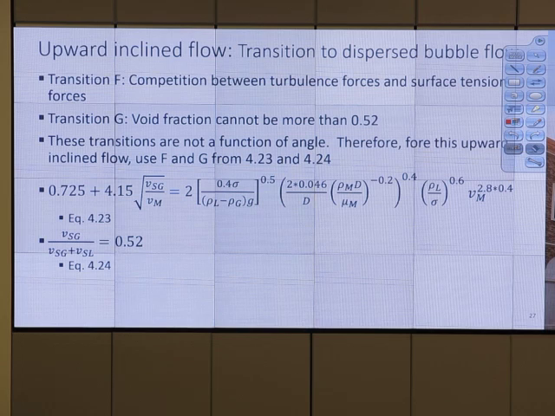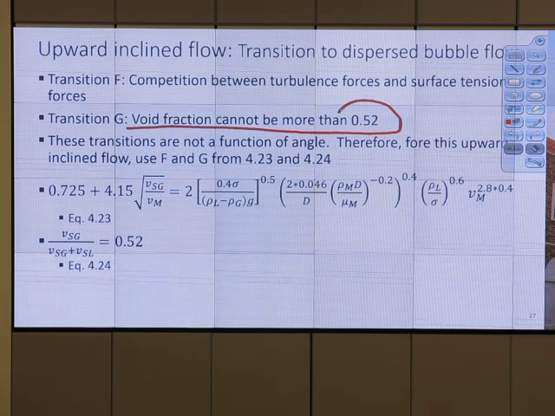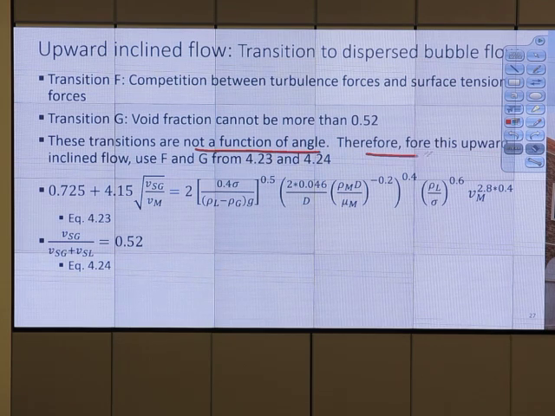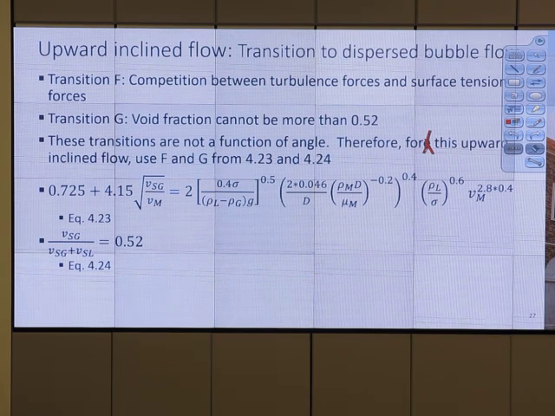Transition F is a combination between turbulent force and surface tension, right? Transition G is void fraction cannot be more than 0.52. These transitions are not a function of angle. For this upward inclined flow, use F and G as before.